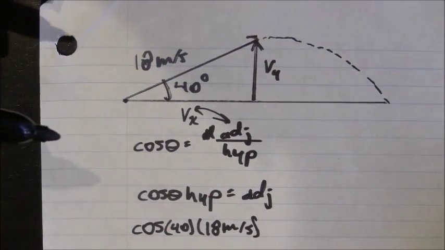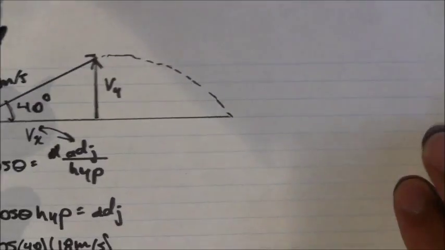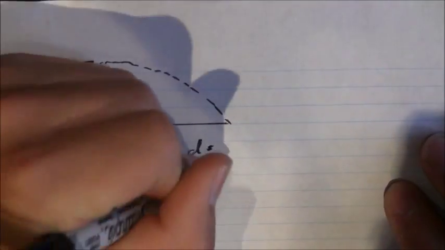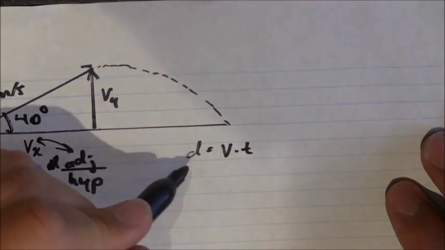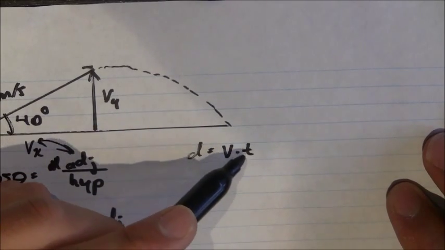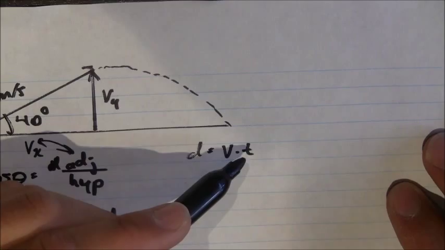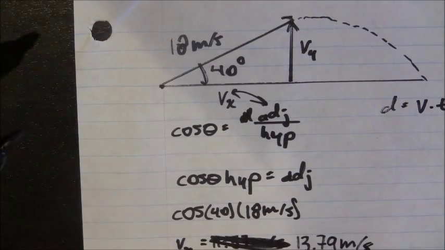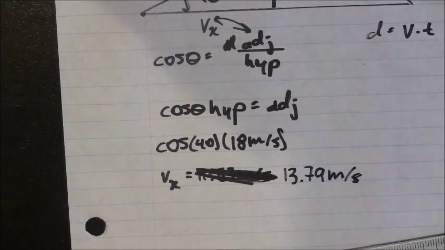But we also need Vy, because think about it. d equals v times t. We're looking for d. We just figured out v, and now we need to find t using Vy. So I'm hoping you know where I'm going here.